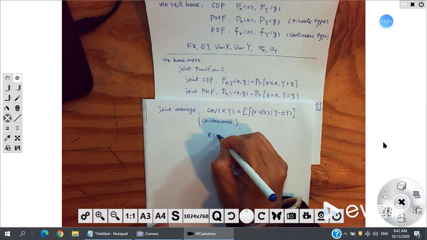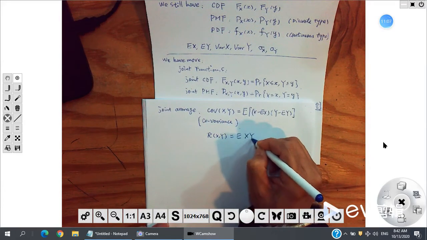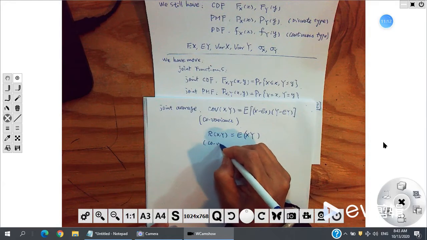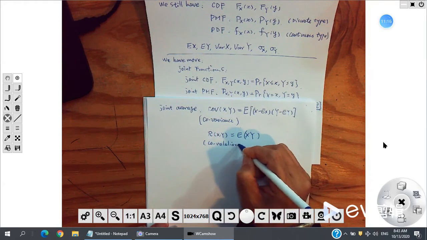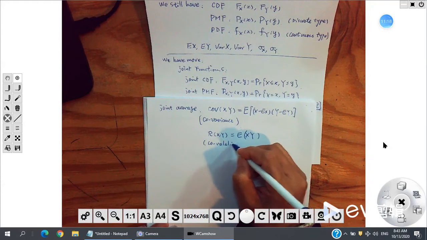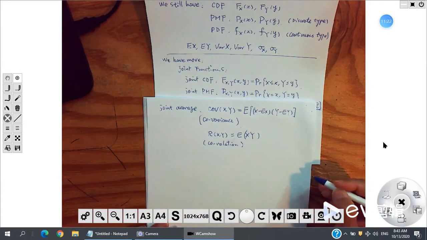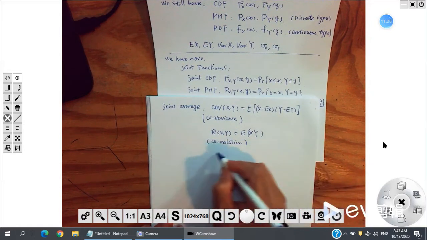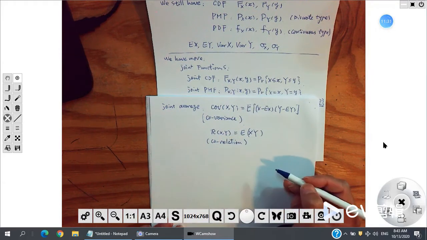R xy is E of just x times y. This is called correlation. So it's capital R. Putting the E here means average, so it's a joint average.